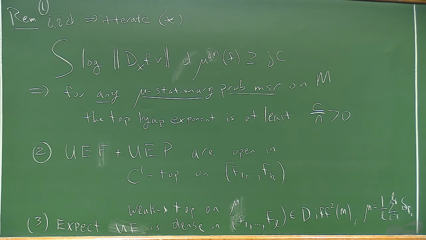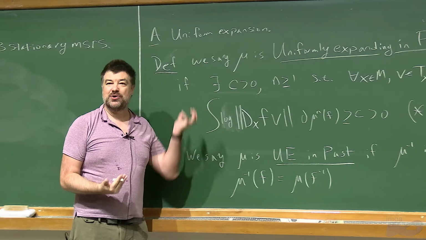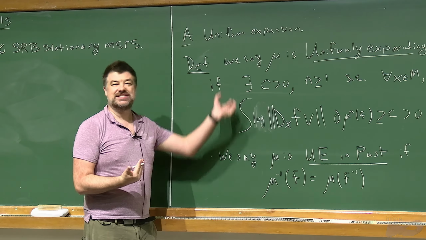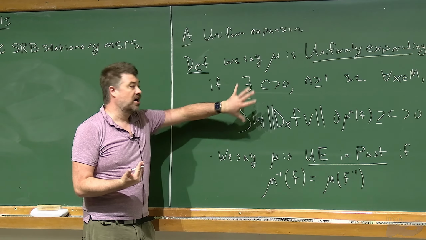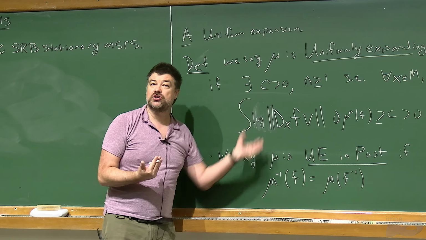Maybe I'll leave the references up for one more pass through the board. So I started the first day by using some fancy word, Zariski density. And so what does Zariski density tell me, or what does it mean to me? It means these kinds of properties. So what you get out of Zariski density, what you get out of the algebraic random walk, are these kinds of properties. This uniform expansion on vectors in the future and the past.